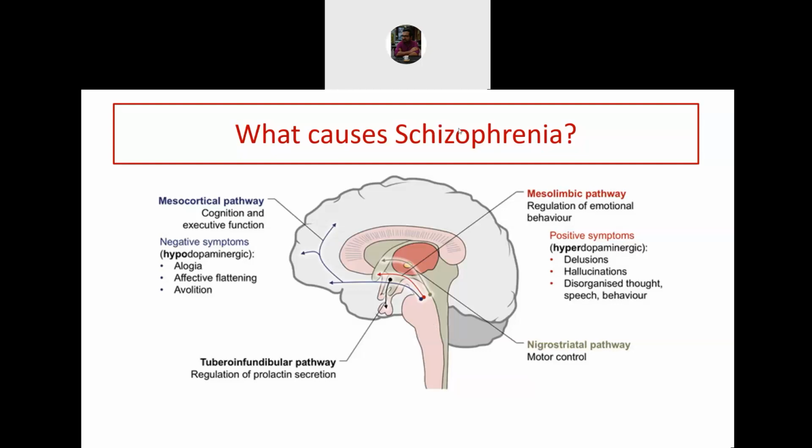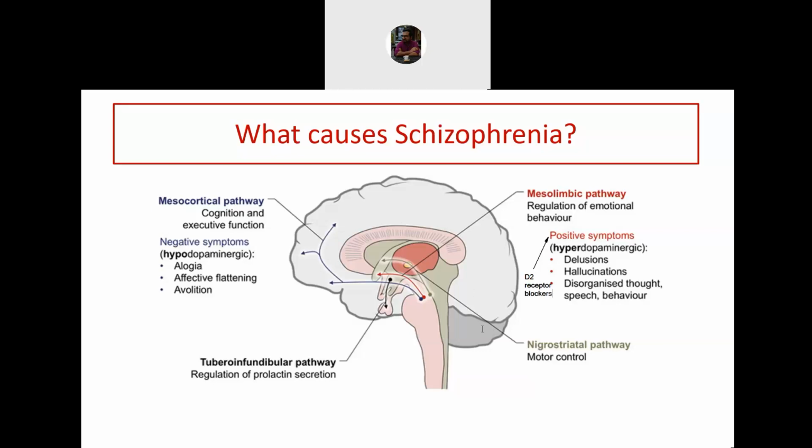The main aim in schizophrenia is to reduce the positive symptoms because they are most commonly seen in the patients, and this is done by dopamine receptor blocking drugs, D2 receptor blockers.